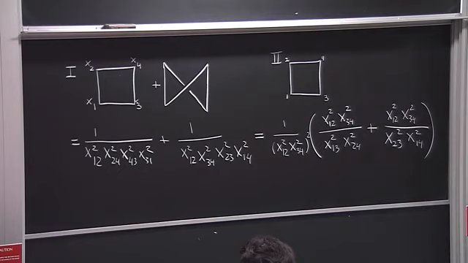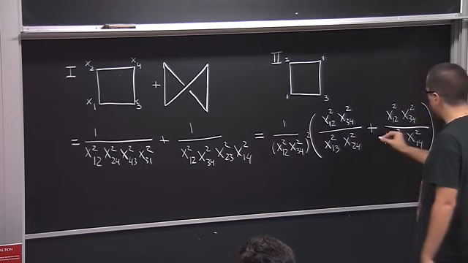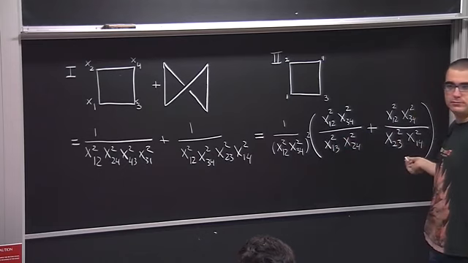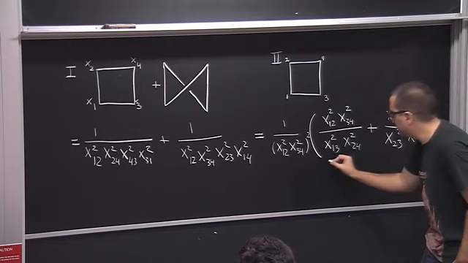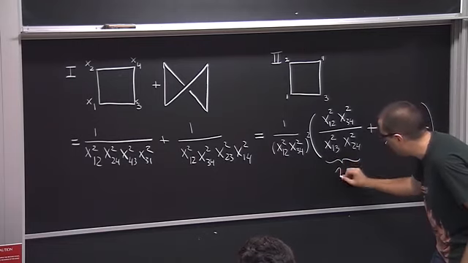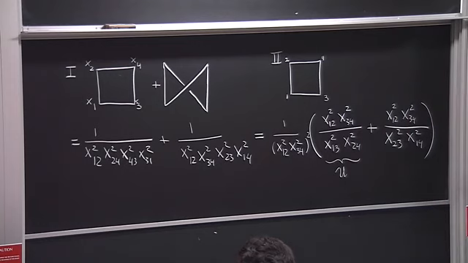You agree? And perfectly, as we expect, we get something times a function of cross ratios. Exactly as we should get just by conformal symmetry. What is this function of cross ratios? This is nothing but u. If you look at u, this is the definition of u. And what about this?